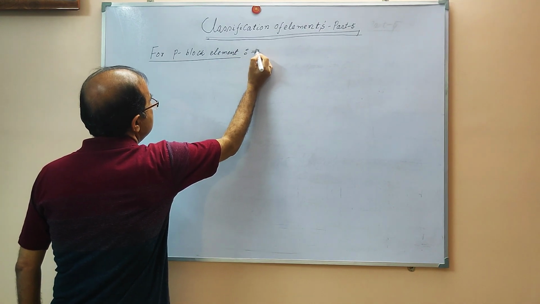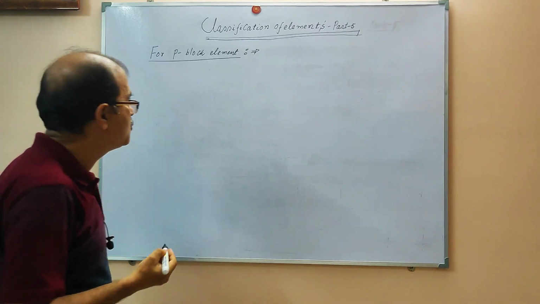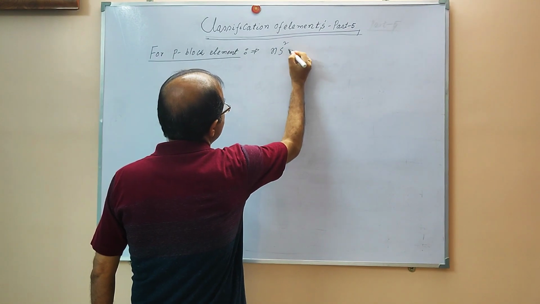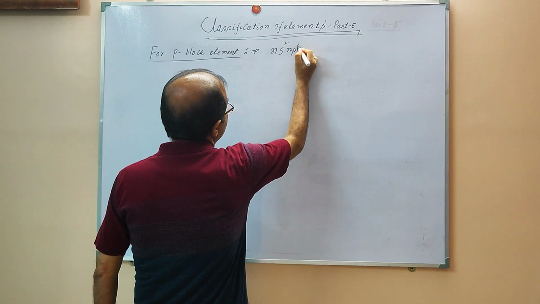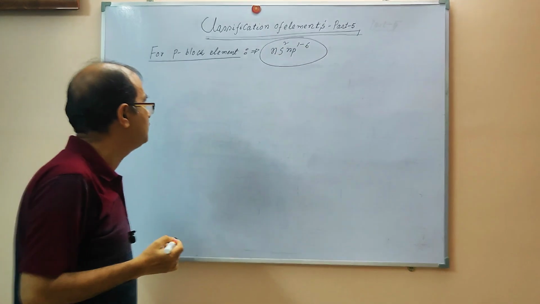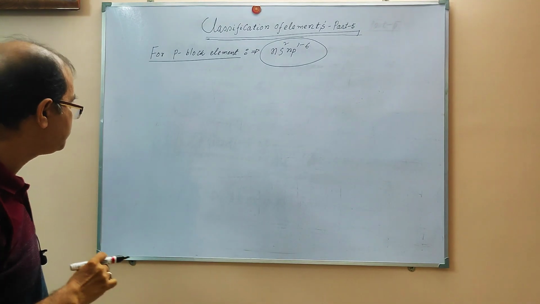For the p block element, you know its outside electronic configuration is ns2 np1 to 6. This is its outside electronic configuration for the p block element.